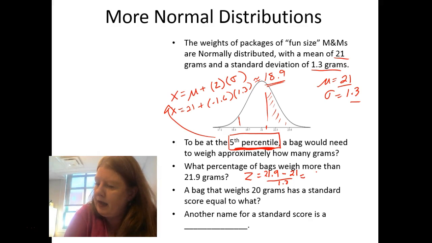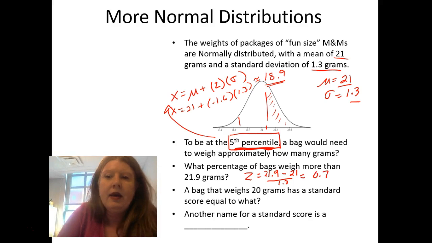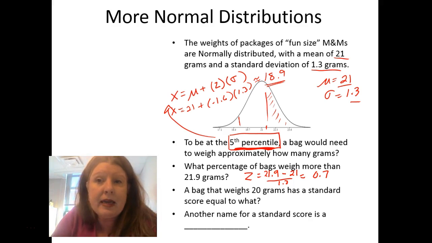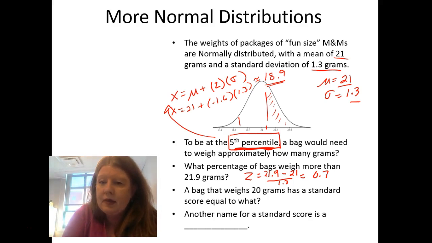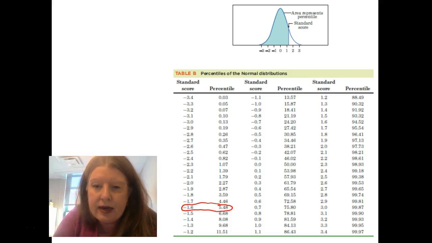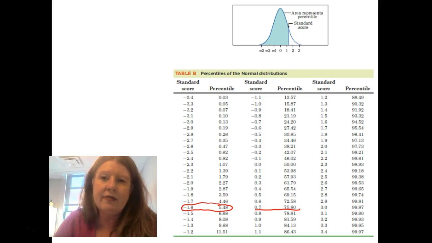That's going to give me about 0.7. And then again, if we go to Table B and look up 0.7, you will see that the percentile is 75.80%. So let's just quickly make sure I got the right number. Yep, here's my z of 0.7, 75.8.